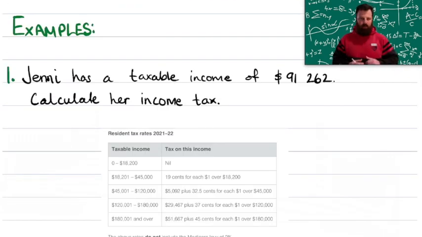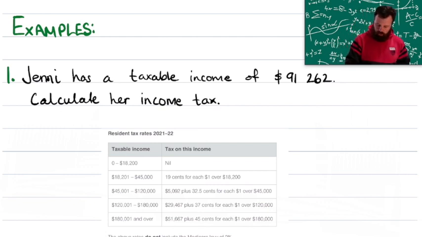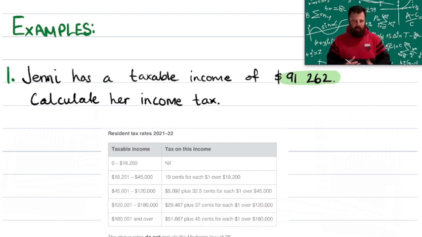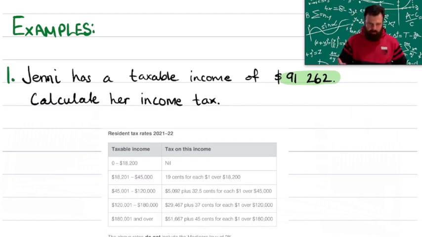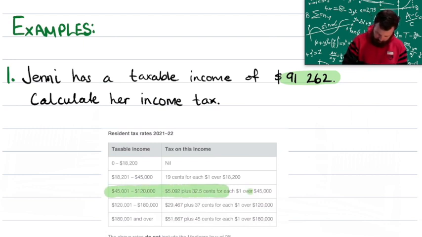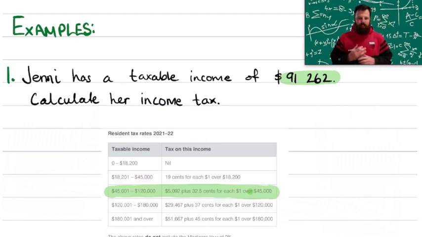All right, example 1 here. Jenny has a taxable income of $91,262, and we're asked to calculate her income tax. Notice we just asked for income tax. So the first thing we need to do is, what bracket does Jenny fall in? When we have a look at the table, $91,000 falls between 45,000 and 120,000.